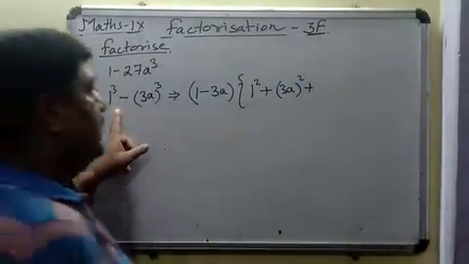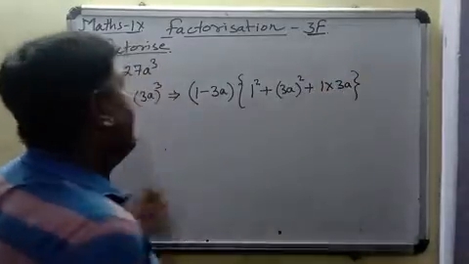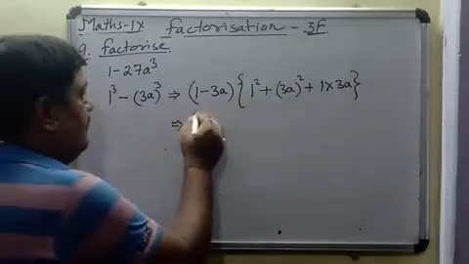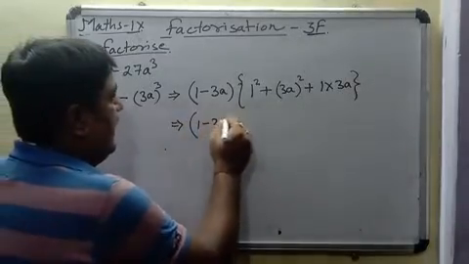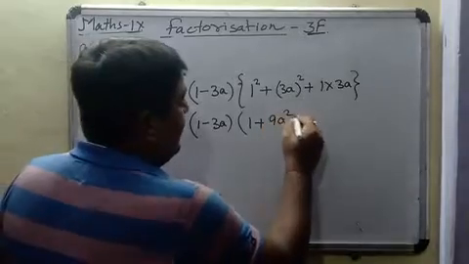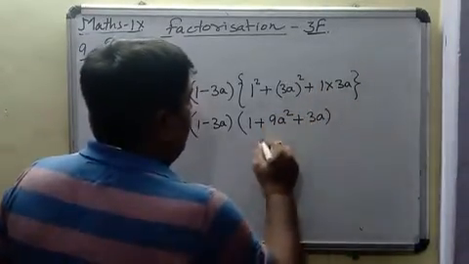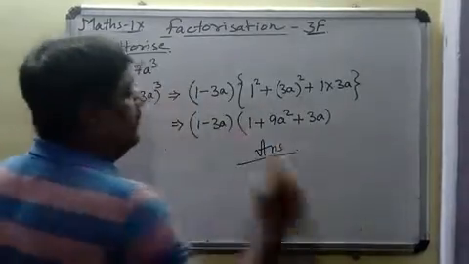A means 1, b means 3a, and close the bracket. Finally, it will become 1 minus 3a in the first bracket, and 1 plus 9a square plus 3a in the second bracket, and it is done.